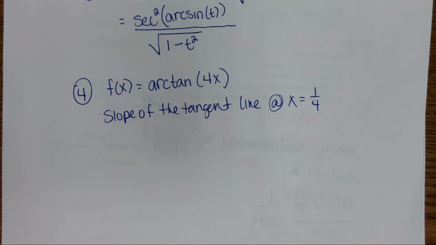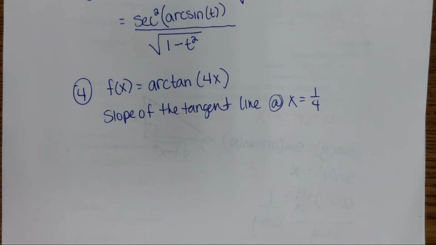What's slope of the tangent line code for? Derivative at 1/4. Okay, so we're going to do the derivative, and then we're going to plug in 1/4 to evaluate it. But you have to know the unit circle.